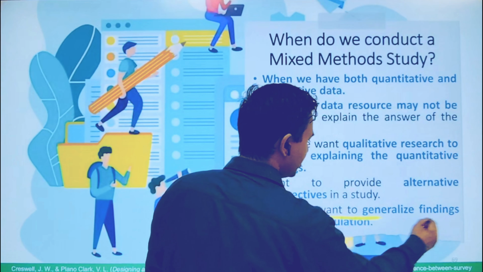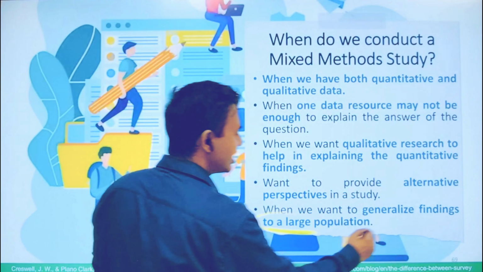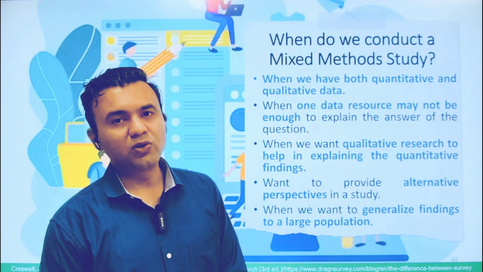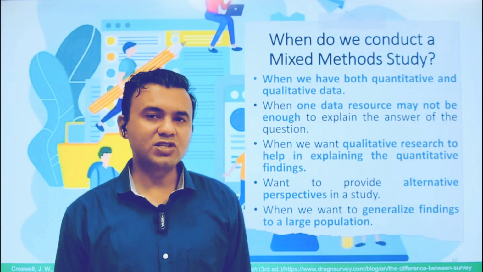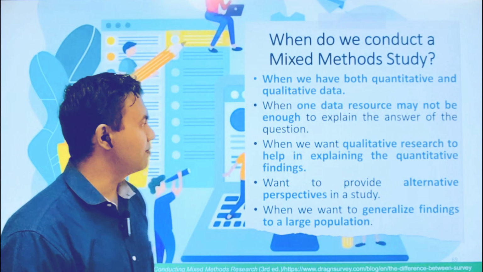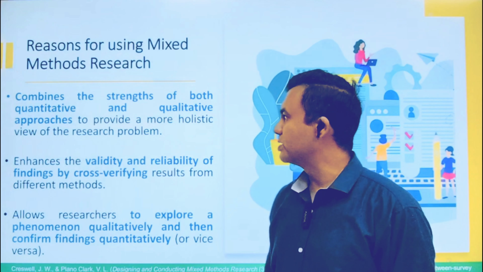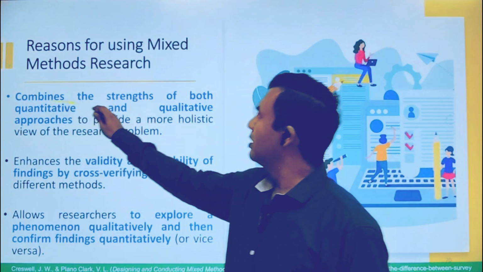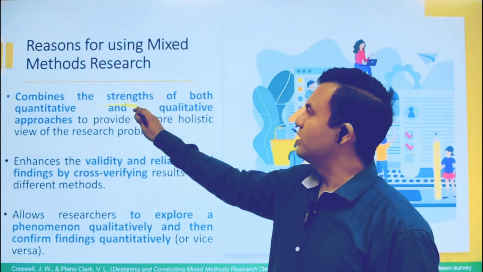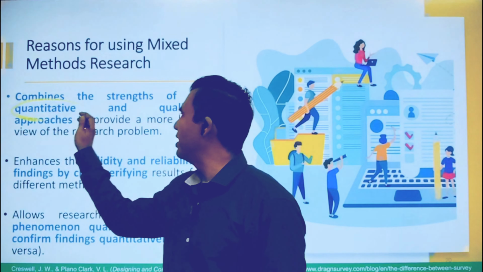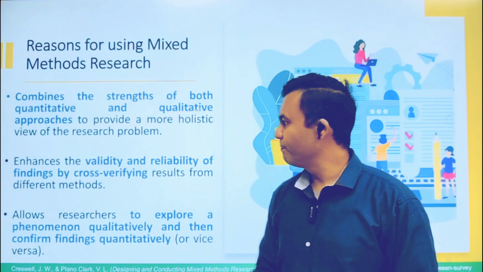When we want to generalize the findings to a large population, right? As we know, quantitative can be applicable to the large population, and qualitative can be used to extract the patterns out of that data and understand the experiences. The reason for using the mixed method is that it combines the strengths of both qualitative and quantitative approaches.